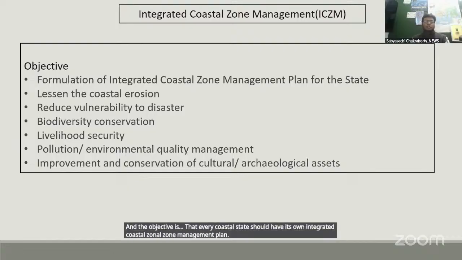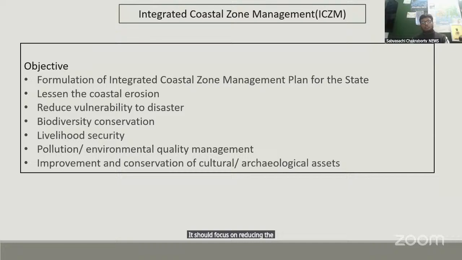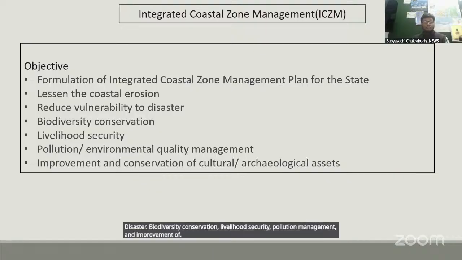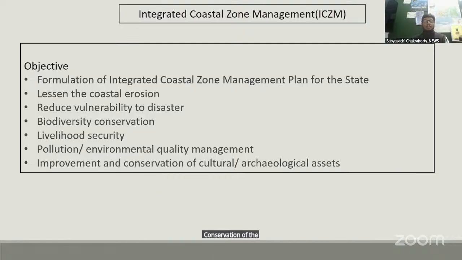It should focus on reducing coastal erosion, reducing vulnerability to disaster, biodiversity conservation, livelihood security, pollution management, and improvement and conservation of cultural and archaeological assets.